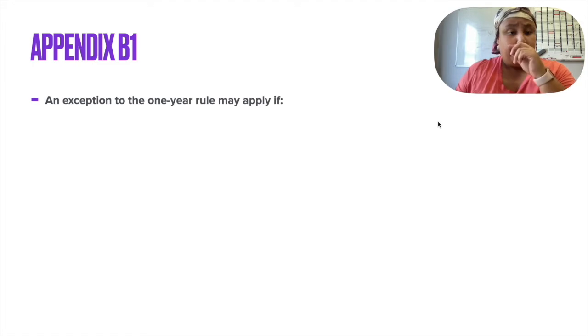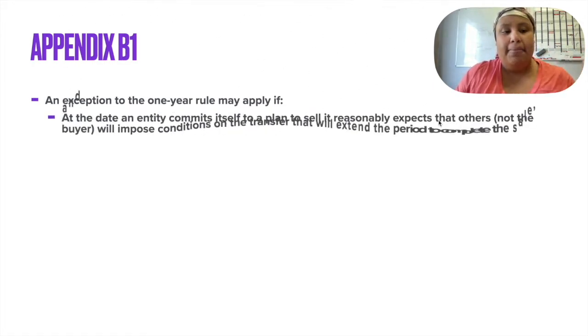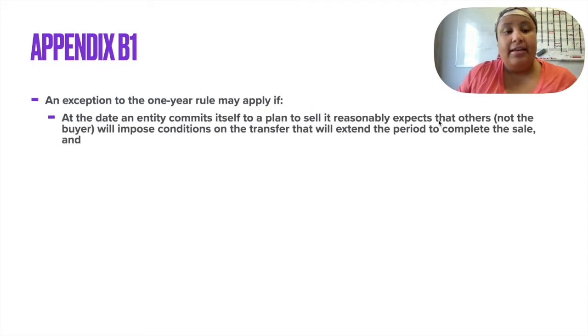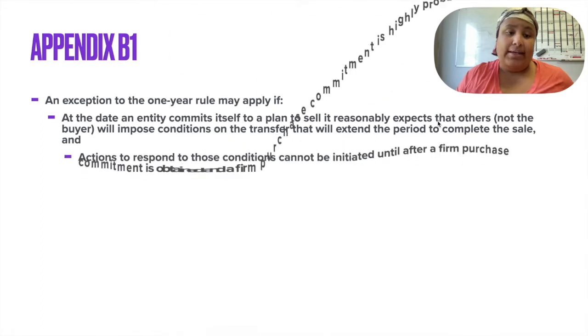Okay, so the exception to the 1 year rule may apply, firstly, if at the date that the entity commits itself to a plan, it reasonably expects that others, but not the buyer, are going to impose conditions on the transfer that are going to extend the period to complete the sale above 1 year.